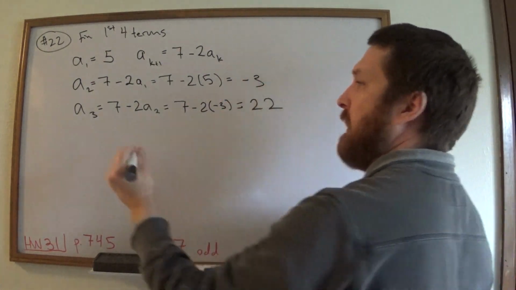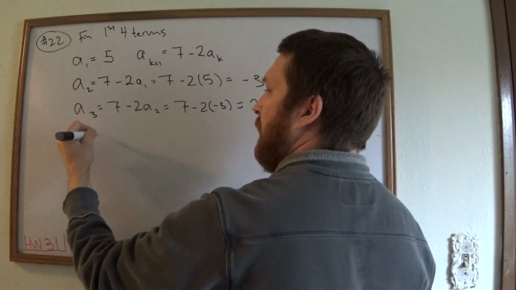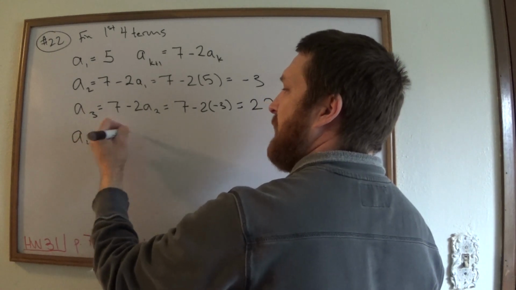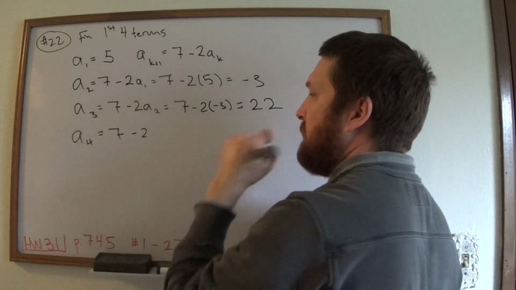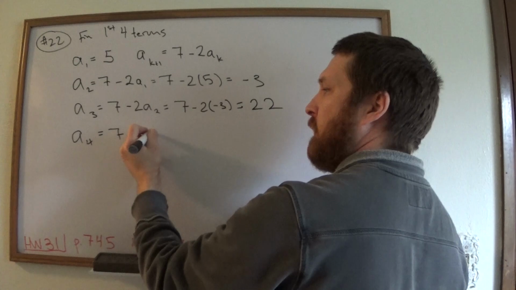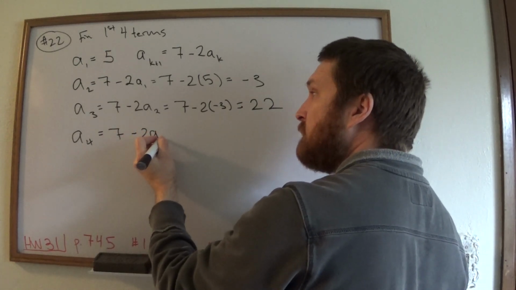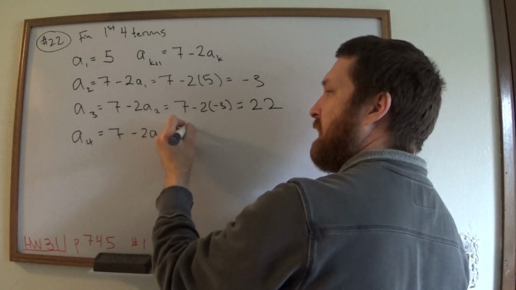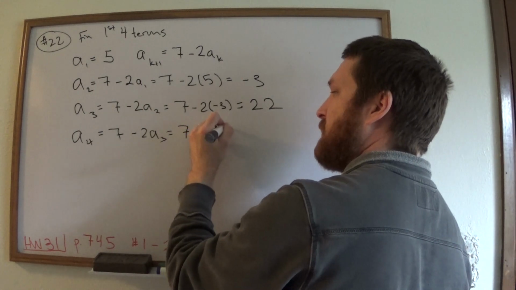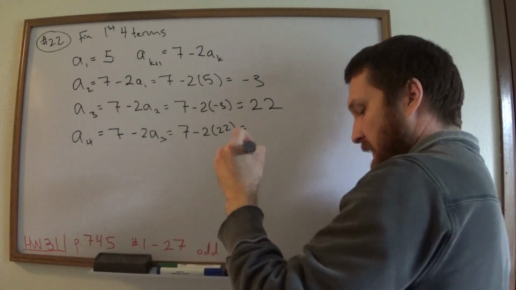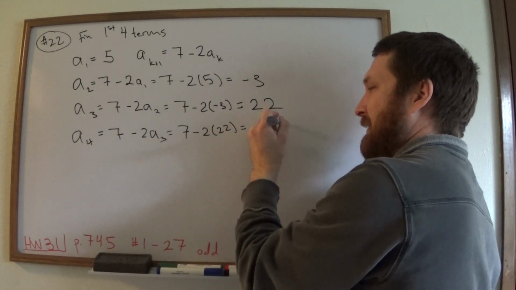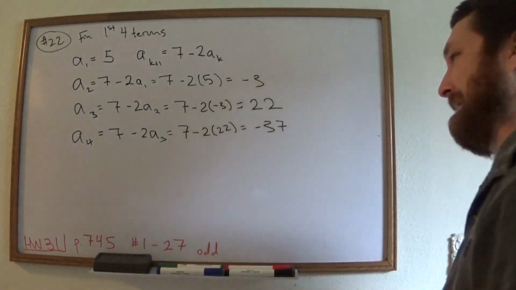I could be wrong about that. A4 would be 7 minus 2 times A sub what? 3. So that's 7 minus 2 times 22, which I could definitely be wrong with this. Look at that, 37, yikes.